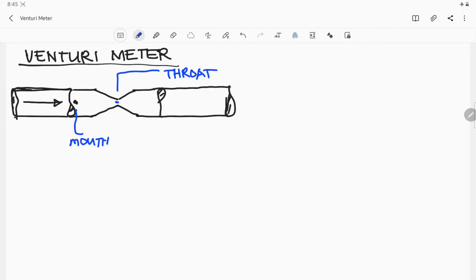The fluid will pass through that direction, that's Q. Assuming this is Q1, then this is Q2.